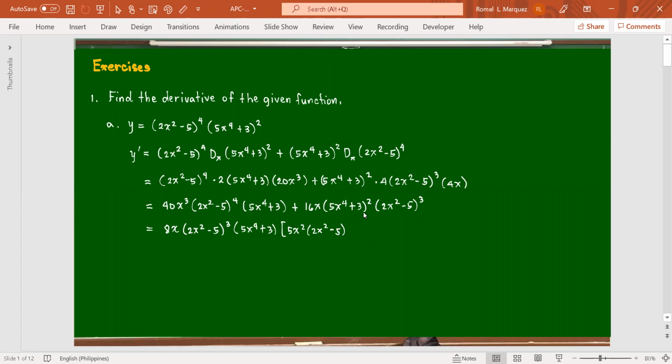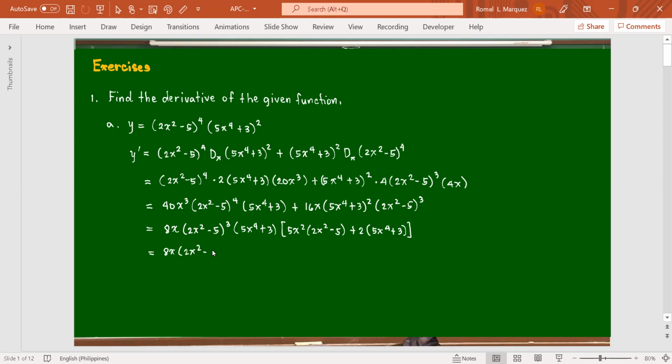And then in the second group, no more this, no? So in the second group, we have 2, no more x. 1 of 5x to the fourth plus 3, right? And then no more 2x squared minus 5. 1, no? About that. So let's simplify further its factor.